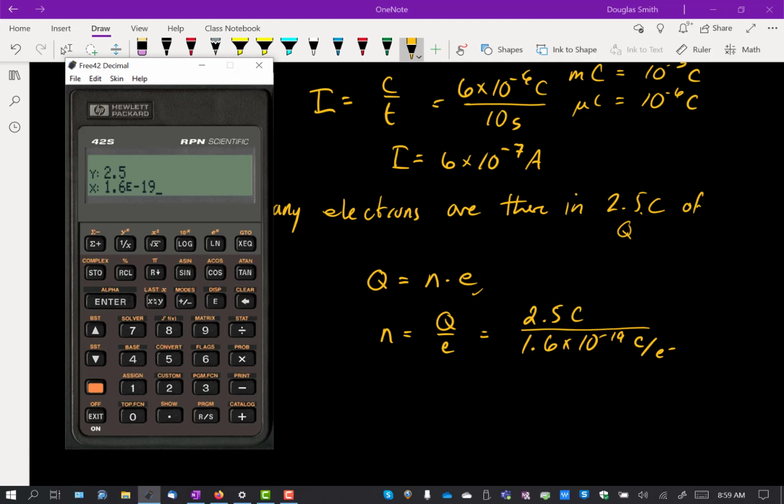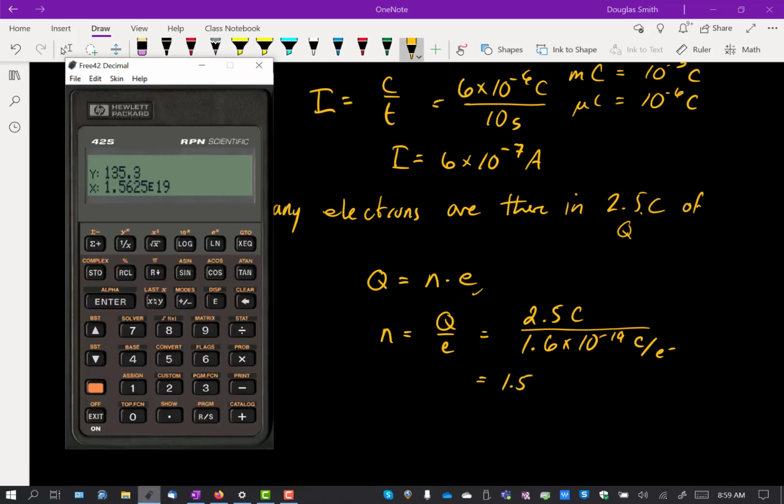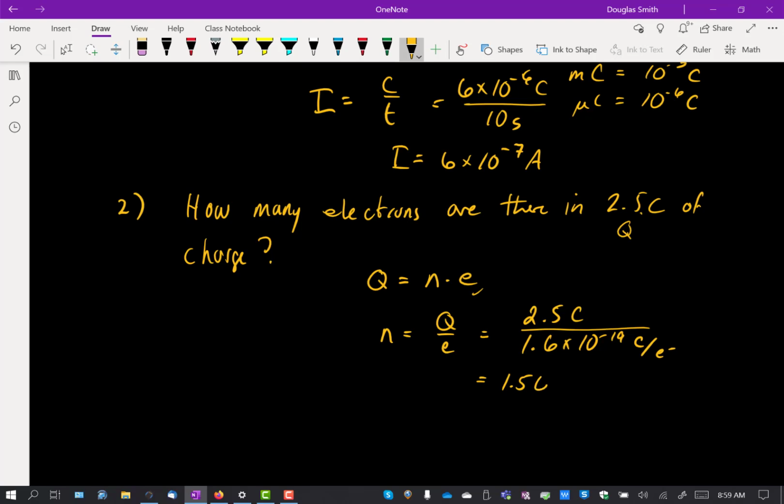You should get a really big number, right? If the charge of an electron is really, really small, then you need a heck of a lot of them to get up to 2.5 coulombs. So I get 1.56 times 10 to the 19. That's how many electrons I need.